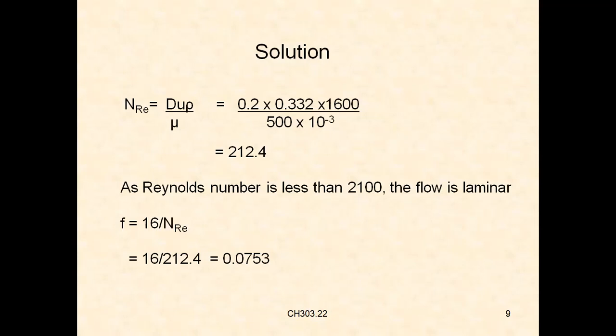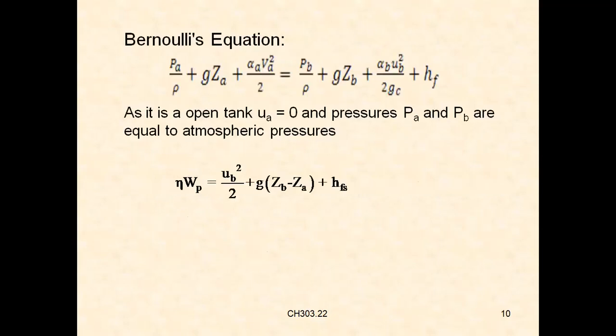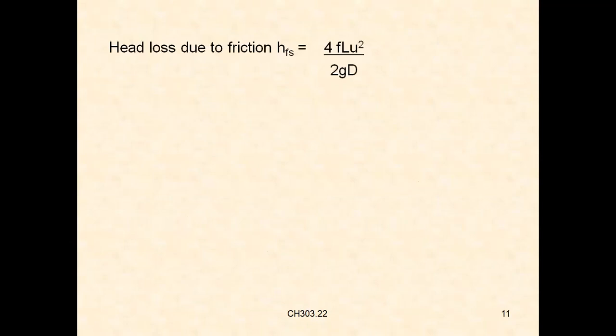For calculating the pressure drop due to friction, we should know the value of Reynolds number first. Depending upon its value, we can calculate the value of f and the pressure drop due to friction. The pressure drop due to friction can be calculated either by the Hagen-Poiseuille equation for laminar flow, or by the Fanning equation for both turbulent flow and laminar flow.